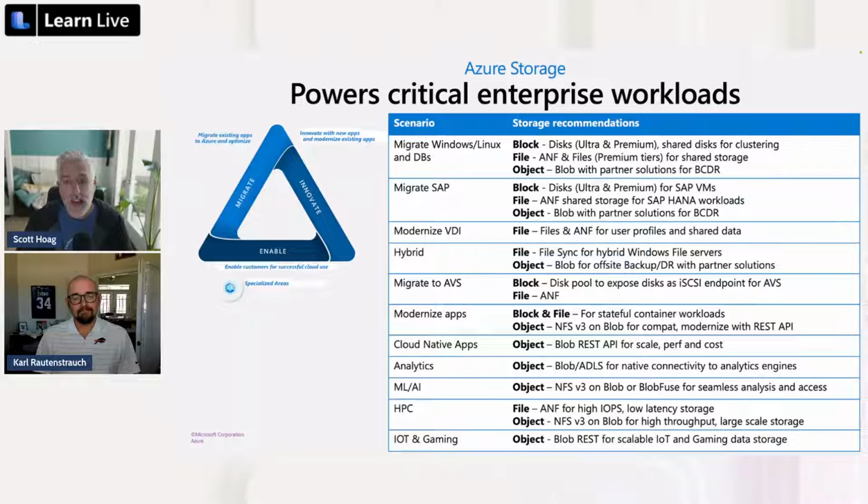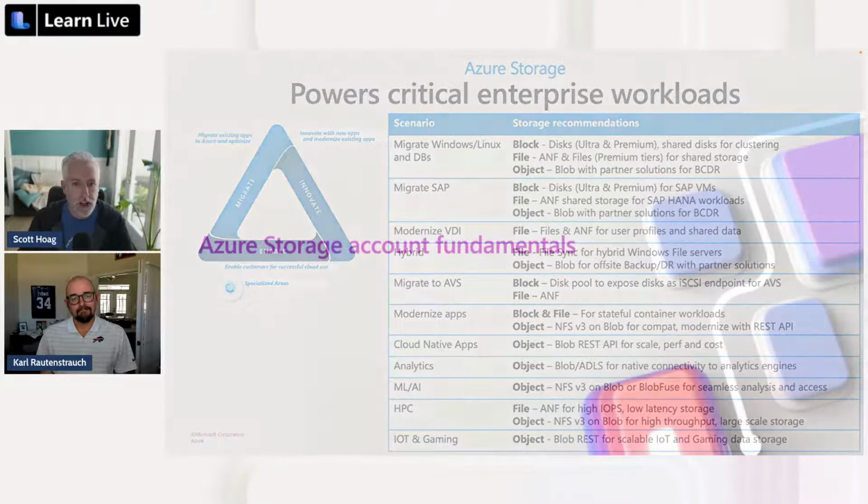Really, this is all to say that the storage portfolio in Azure accommodates a number of workloads and areas, be they cloud native apps, analytics, migrations, virtual machines, PaaS services. We really cover everything from that whole spectrum of IaaS to PaaS, and then offer you a path forward with a storage offering underneath that.